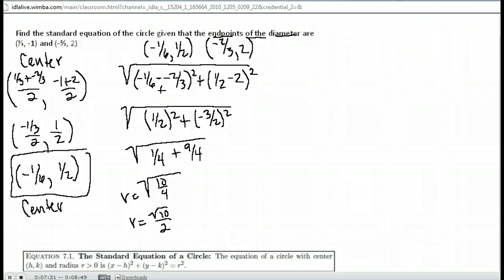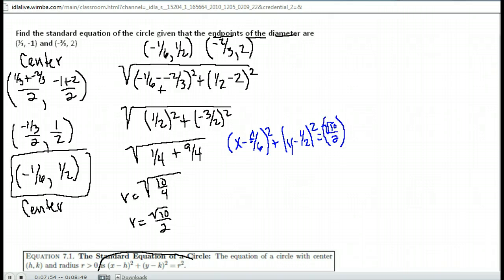So we have our center and our radius. Now let's put it into the standard form of the equation of a circle. Okay, so we do x minus the x value of the center, which was negative 1/6, squared, plus y minus 1/2 squared equals the square root of 10 over 2, that entire value squared.